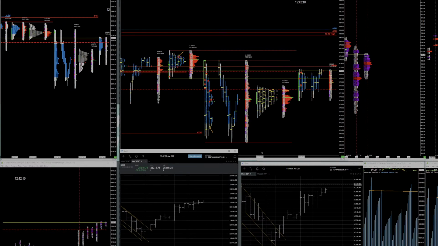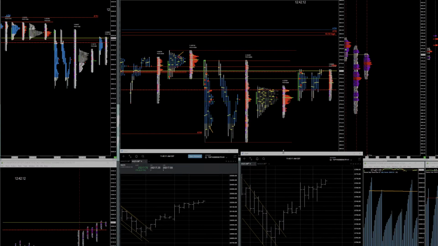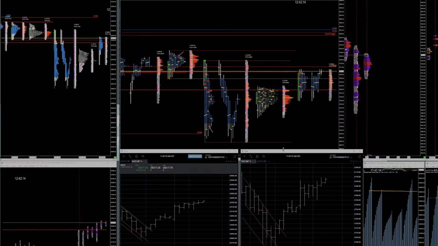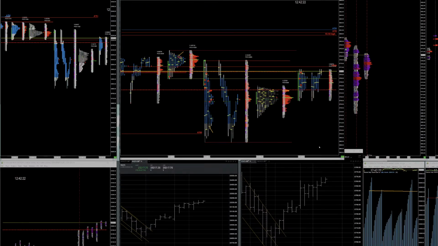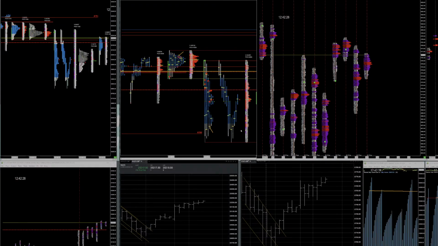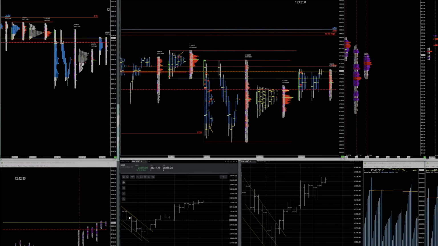Just for disclosure, I have opened a demo account in TradeFi, so I can have these charts here where I can plot.